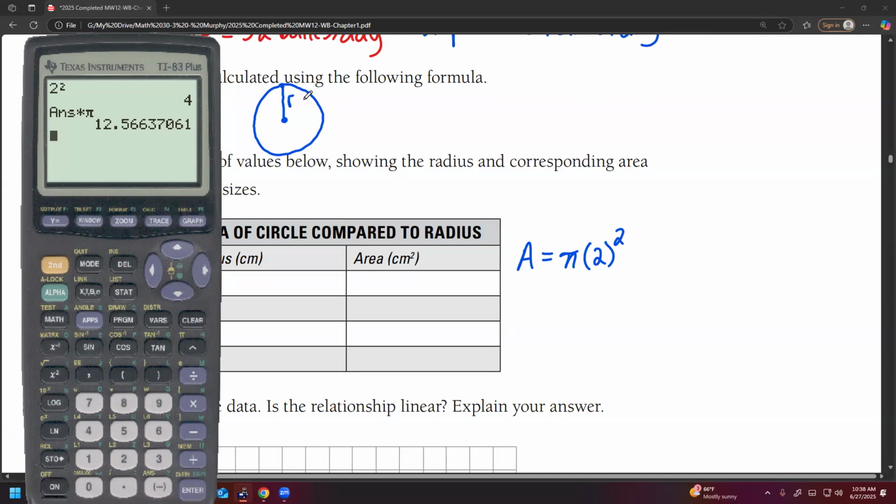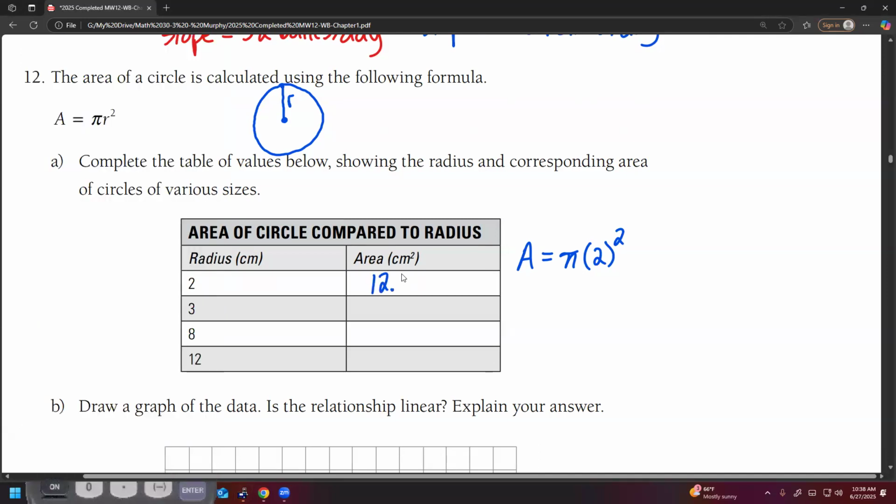And we'll go to 1 decimal place, so this is 12.6. Okay, the next one, if you do the calculation, comes out to 28.3, 201.1, and 452.4.